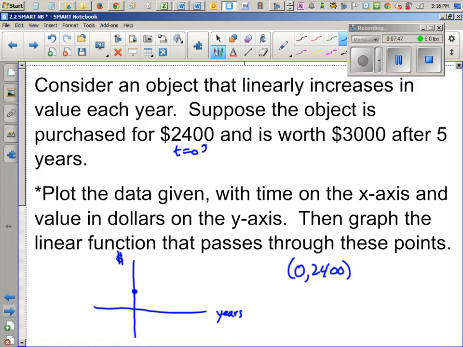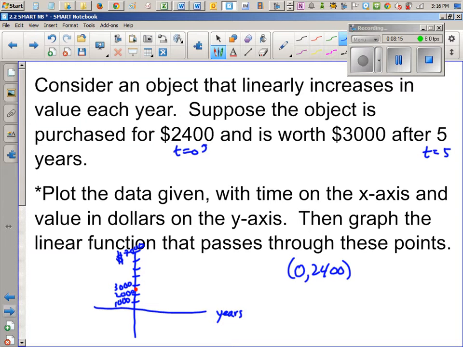Maybe we can break this y-axis down by thousands, 1, 2, 3, 4, 5, 6, 7. So this is 7,000 at the top. This is 1,000 at the bottom. And it starts with a value of 2,400, so right between 2,000 and 3,000. So right about there.